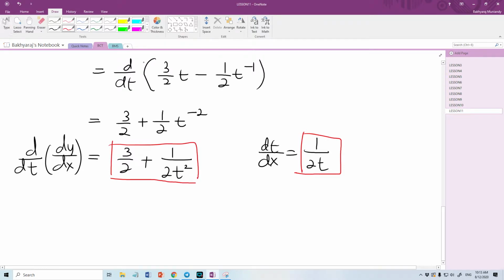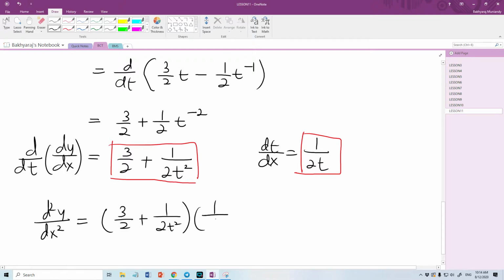Okay, get into the formula. So what is the formula again? The second order of y with respect to x squared will be equal to 3 over 2 plus 1 over 2t squared, times 1 over 2t.